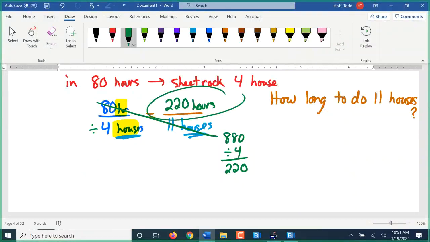So again, the number of houses got larger, and the amount of time it takes to do those houses gets larger in a proportional manner. With any sort of direct proportionality, you can always find something called a constant of proportionality.